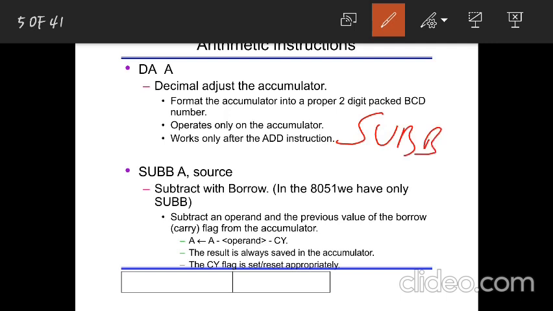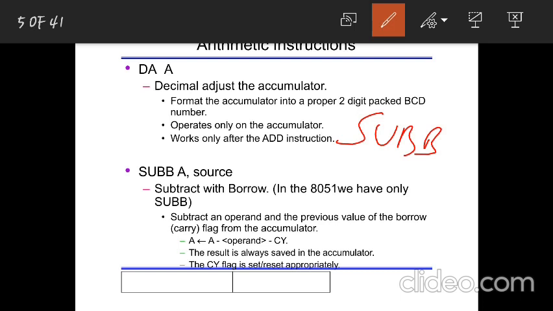Subtract. So here, whenever you get a borrow in the PSW register, the carry flag will be high. It subtracts an operand and the previous value of the borrow flag from the accumulator. Why did I say that carry will be high? Because from the PSW register it will borrow.